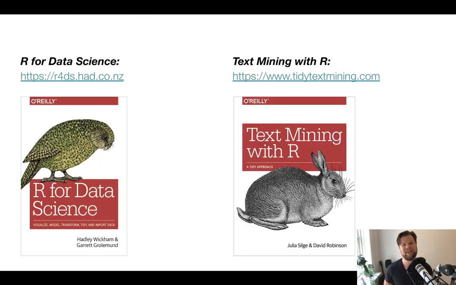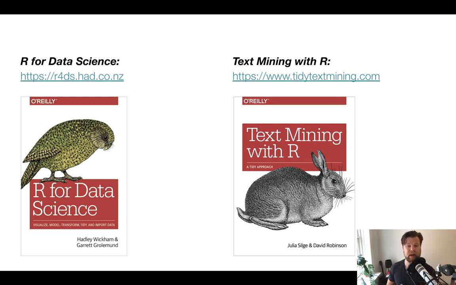But beyond Google, let me just point you to two particularly great books, specifically R for Data Science, which is arguably the best introduction to the current dominant paradigm when it comes to using R for data science, the so-called tidyverse approach.